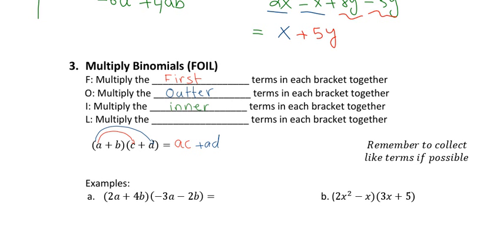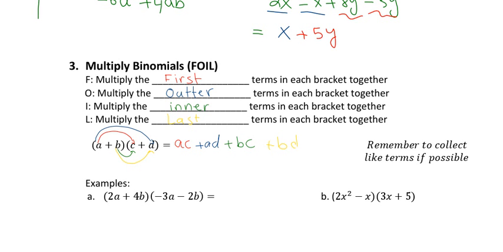B and C, right? Because these are your inside terms. And then last. The last term in each bracket, so that's B and D. So this is where the acronym FOIL comes from. First, outer, inner, last.